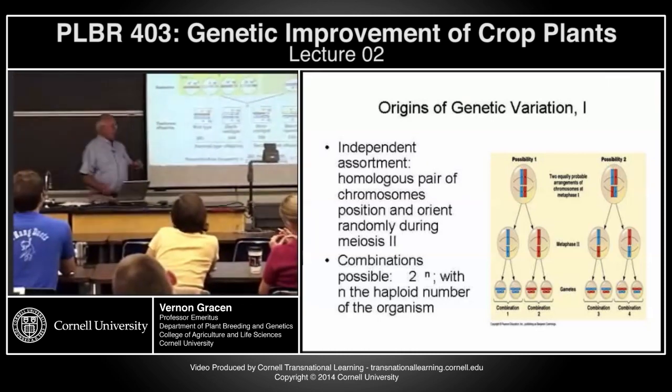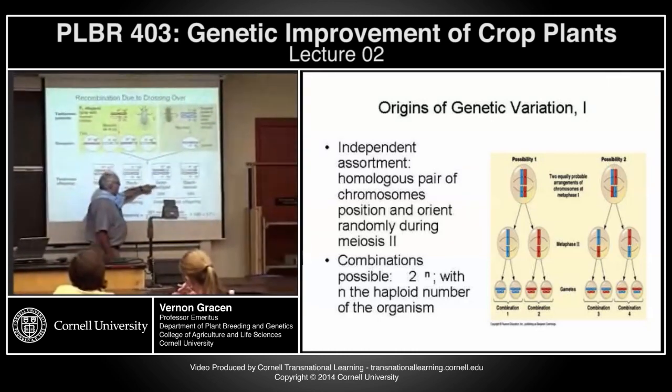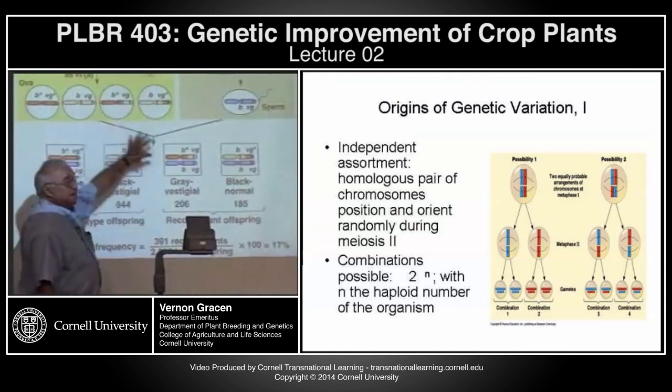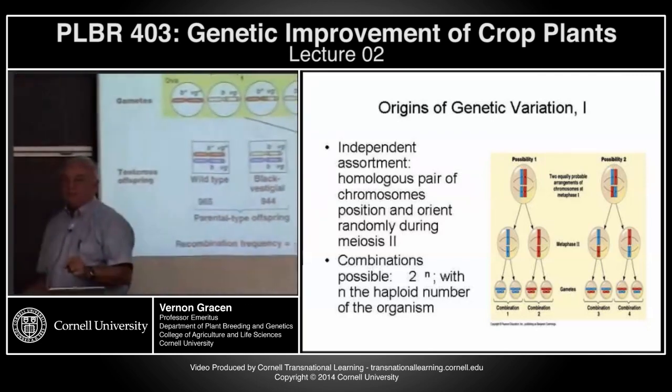And if we get any of the gray with the reduced wings or the black with normal wings, it's due to recombination between those two genes.